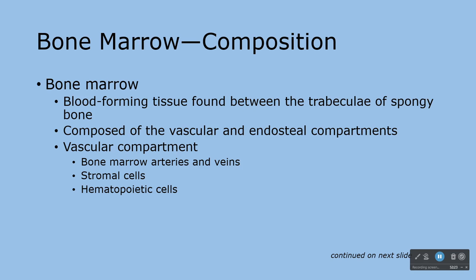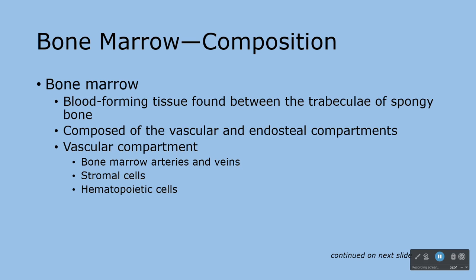So, bone marrow. This is where your blood-forming tissue is found, okay? And it is between the trabeculae, okay? So trabeculae is essentially, all right, so like if you got a matrix of something, okay, bone, whatever, the open areas are known as your trabeculae, okay?